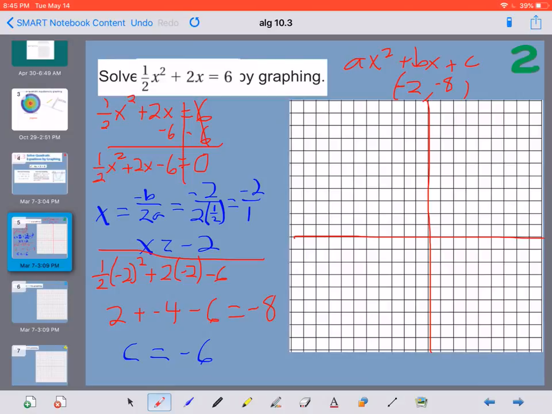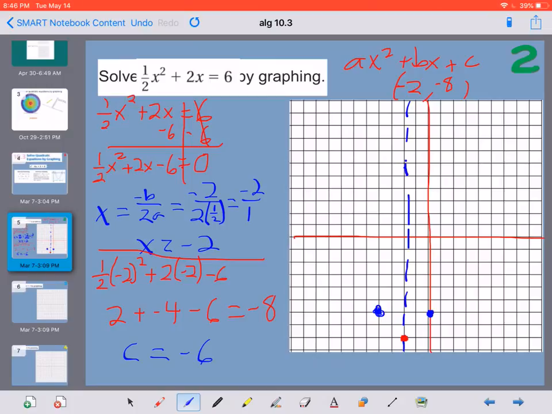So negative 2 down 1, 2, 3, 4, 5, 6, 7, 8. My c this time is at negative 6, so that's 2 above the negative 8. My axis of symmetry is this negative 2. So this is 2 away from the axis of symmetry, so I'm going to go on the other side 2 away and figure out another point.